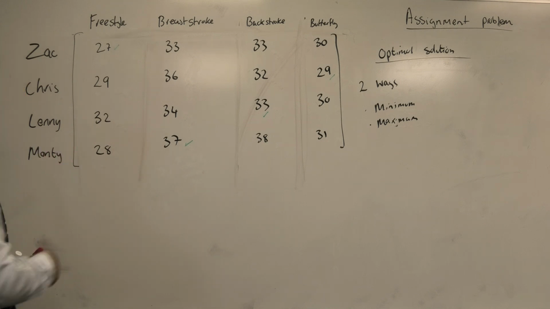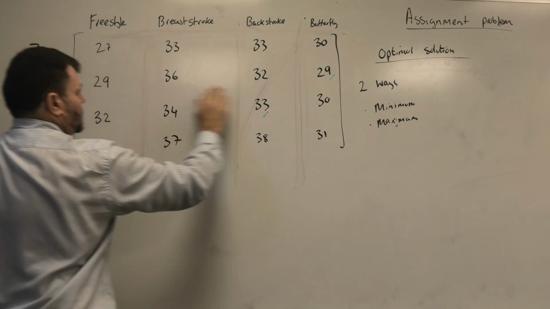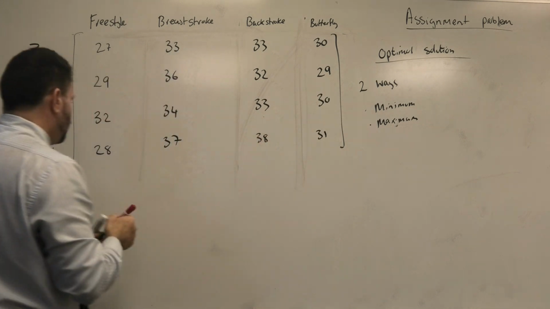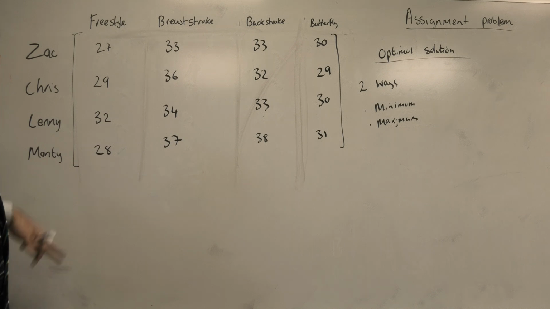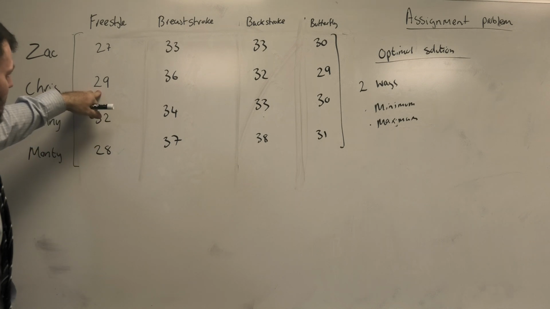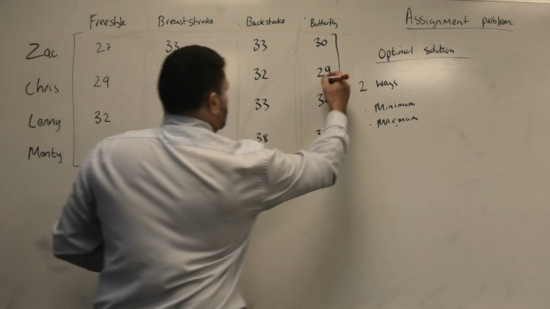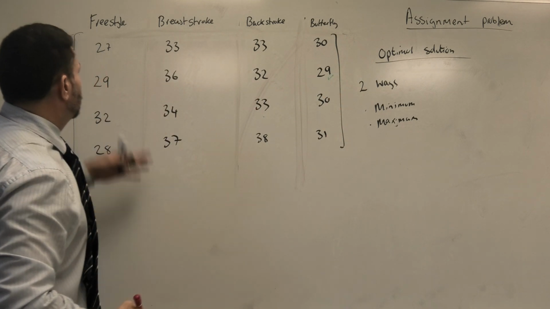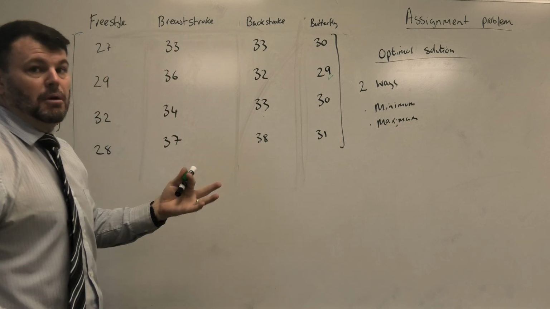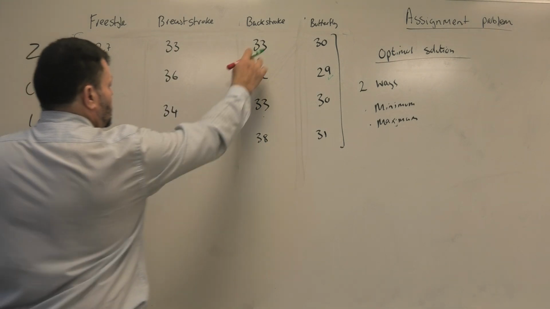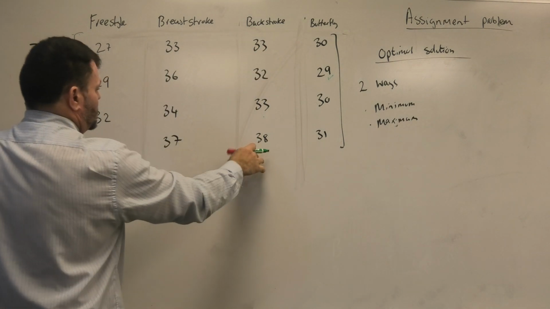So we might turn around and say, well, let's scrap that and say Monty's best one is here. Then Chris can't do that, so the best one Chris can do will be here. Which then wipes out the fact that Zach now has to do breaststroke, which he's the worst at for both of them. He can do that in 33 seconds, he can do it in 38.